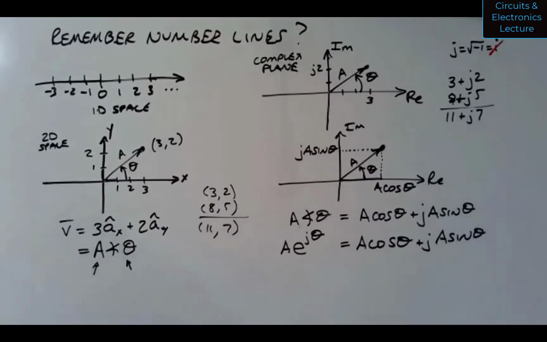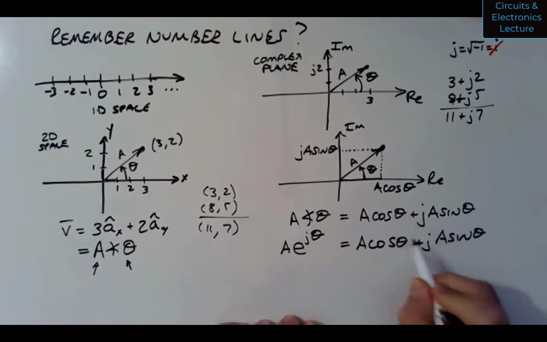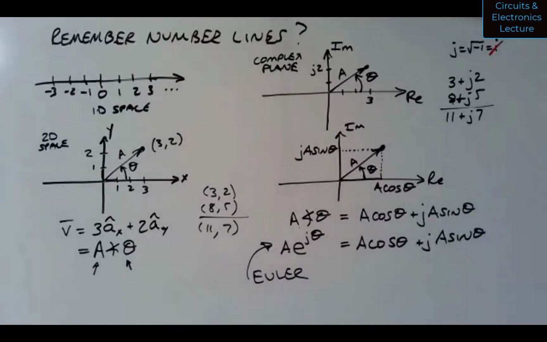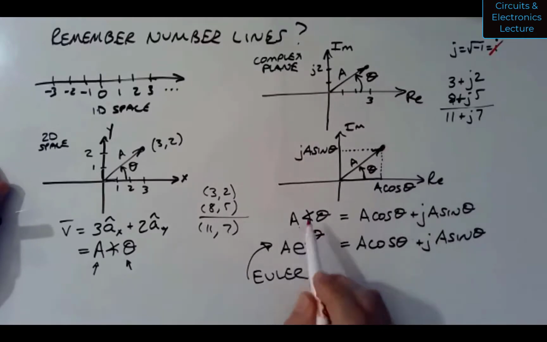And there's a Maclaurin series. You can prove that. There's a way to prove that. We usually just memorize it. But this is Euler right here. And my point is this: there are 3 ways to describe this point on the complex plane.